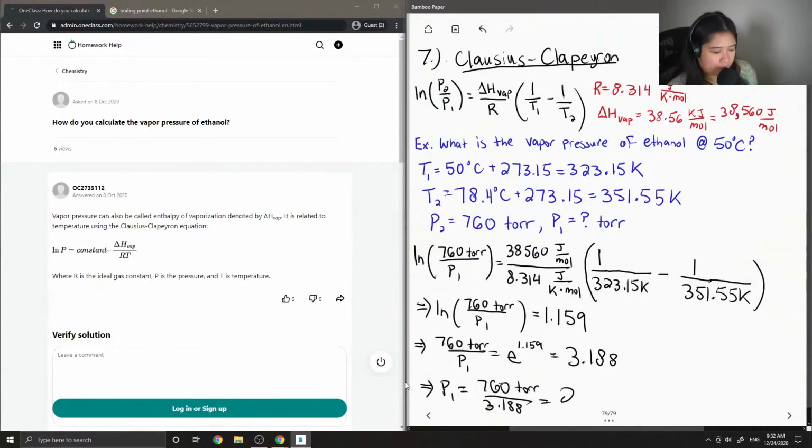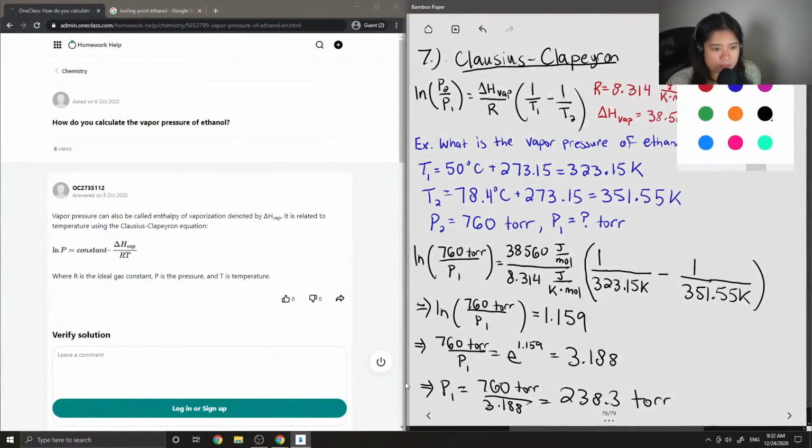And we end up with 238.3 torr. So this is the vapor pressure of ethanol at 50 degrees.